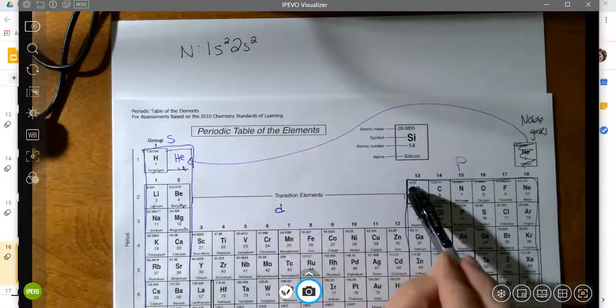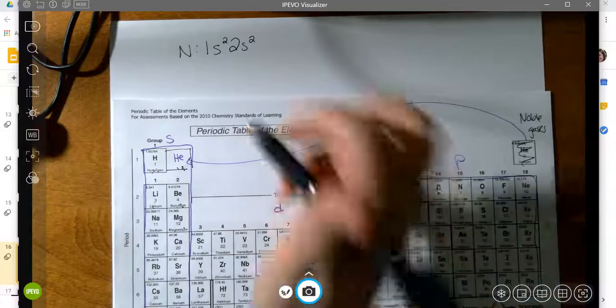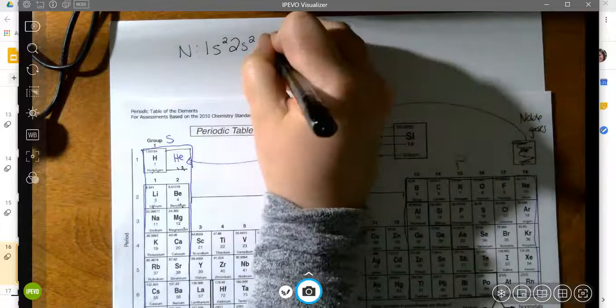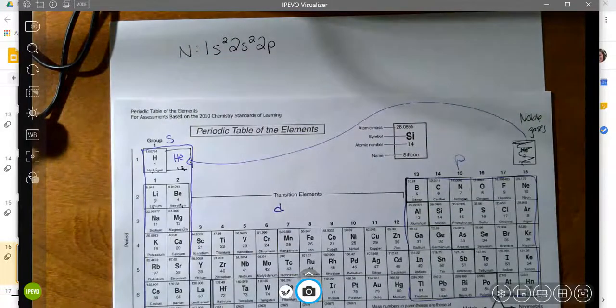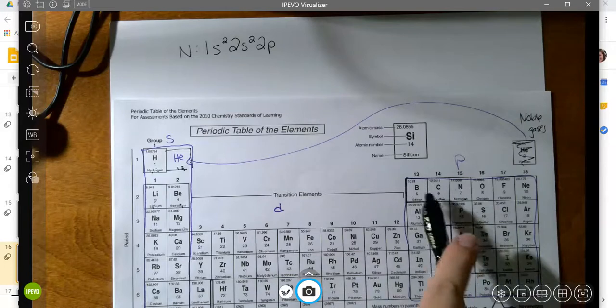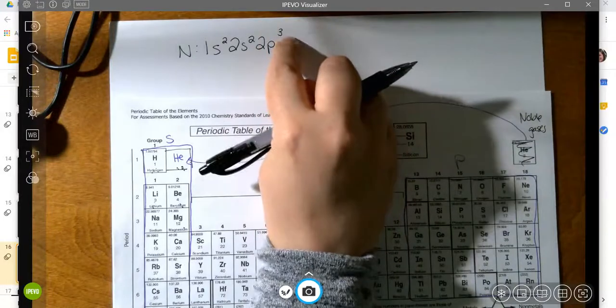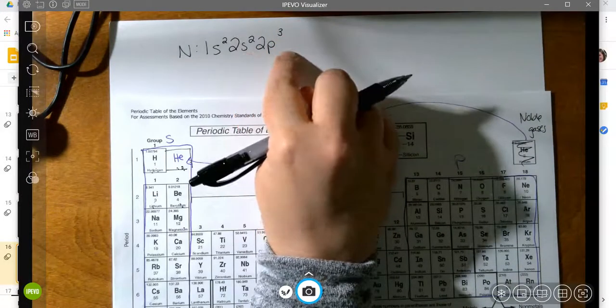So now I keep going across this period. Now I'm still in period 2, but now I'm in the P block. So that means these electrons are going into P orbitals. So now I have to ask myself, how many squares do I go to get to nitrogen? 1, 2, 3. So that means that 3 electrons are going into the second energy level, P orbitals.